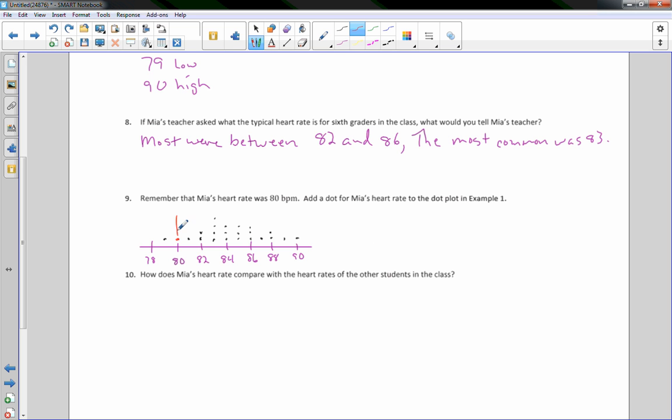Well, she is right here. So her heart rate is slower than all but one of her classmates.